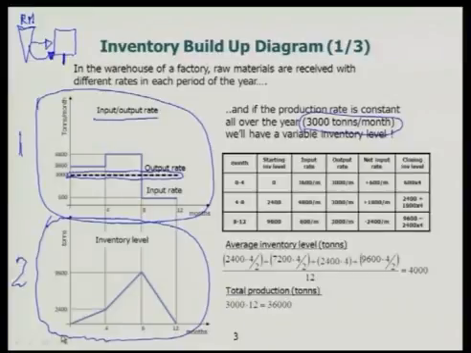And imagine that we have seasonal raw materials. Let's imagine that these raw materials are entering the inventory with three different rates. For the first 4 months, they enter at 3,600 tons per month. In the second period of time, they enter at 4,800 tons per month, and in the third period of time, they enter at 600 tons per month.